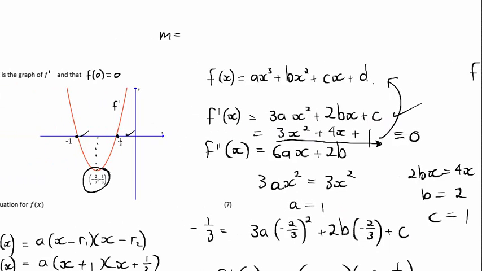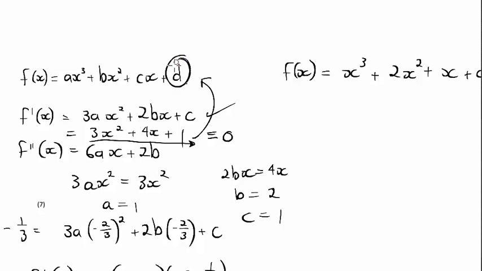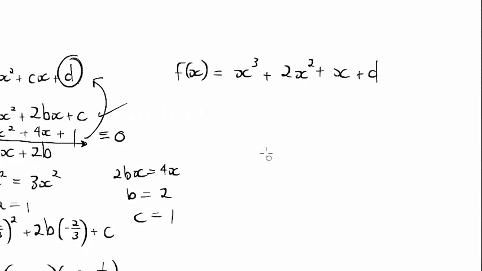But that's okay because they also gave me this. When I substitute 0, I should get 0. If x is equal to 0, what am I working out? Y-intercept. What is d? The y-intercept. So d is equal to 0. So my final answer.